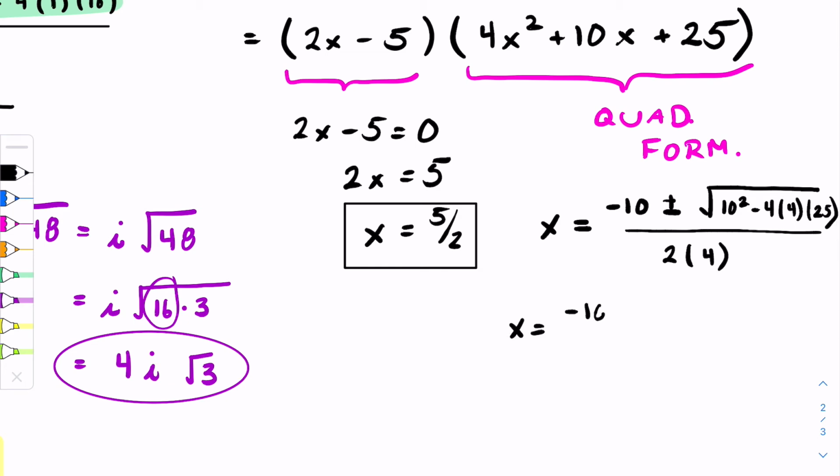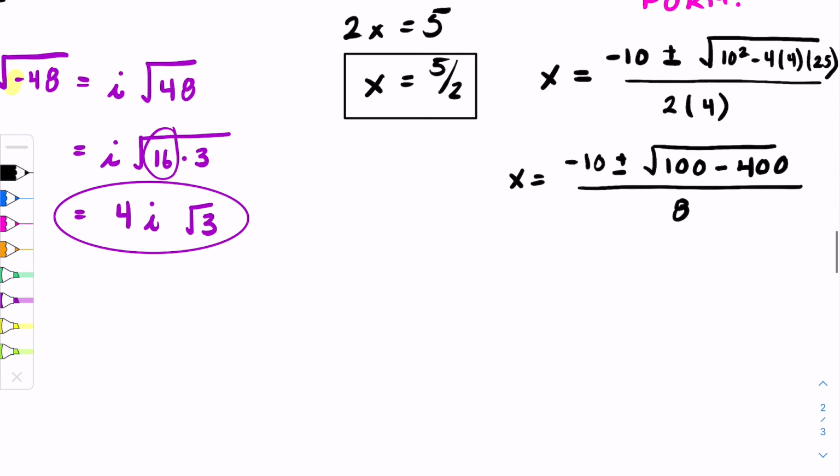Simplify this again. We have negative 10 plus or minus the square root of 100 minus 400 divided by 8. X equals negative 10 plus or minus the square root of negative 300 divided by 8.